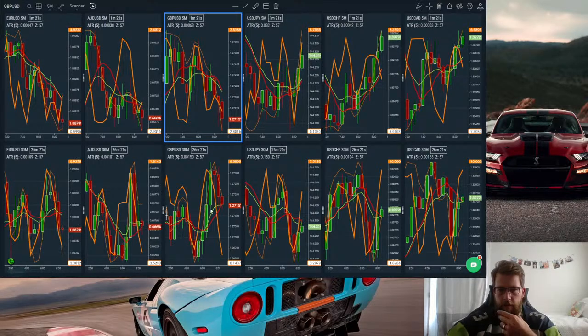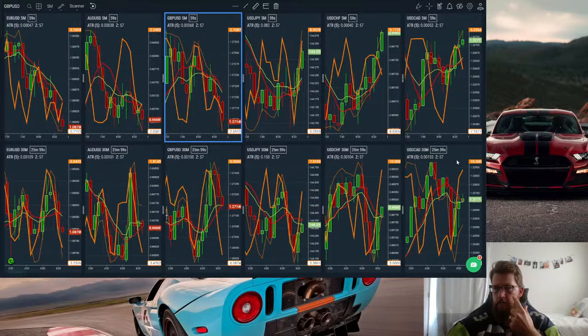Choppy. Down. Choppy. But possibly looking to reverse. Up. Down. Up. Choppy, but also looking to possibly reverse. And up. Choppy. Again, looking to possibly reverse here.